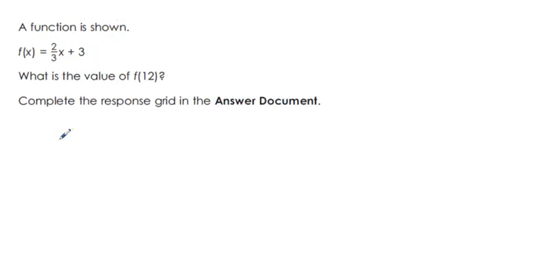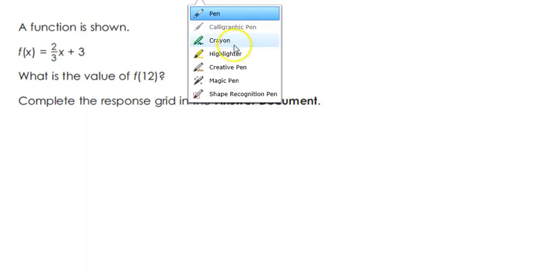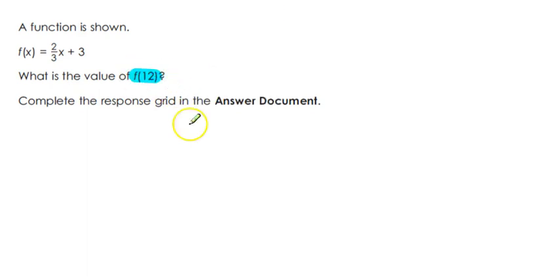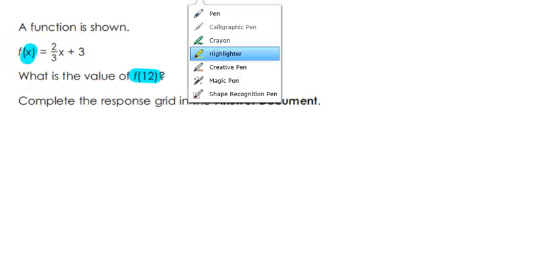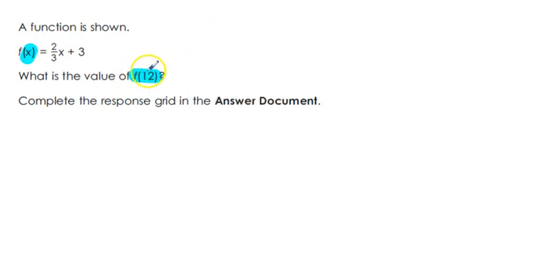A function is shown. f of x equals 2/3 x plus 3. What is the value of f of 12? This just requires a little bit of knowledge about what this is saying. If you go back to your original function, you notice x is in the parentheses, but then the question asks you not about x, but about 12.